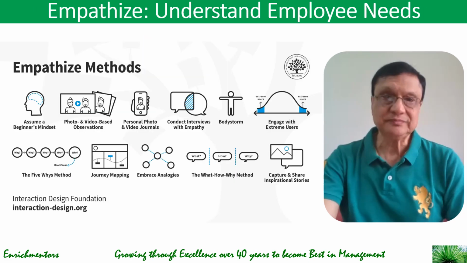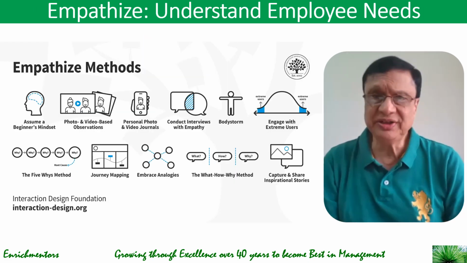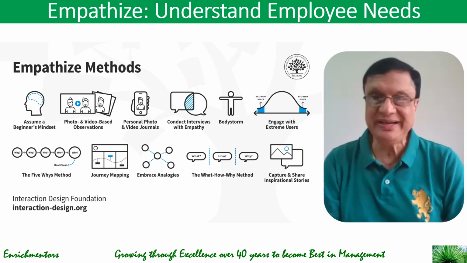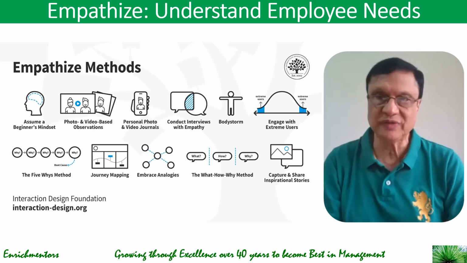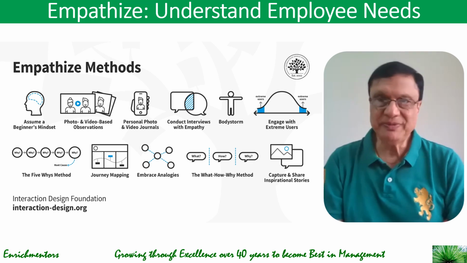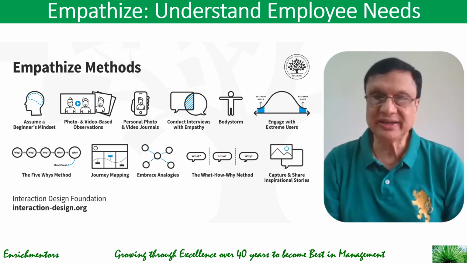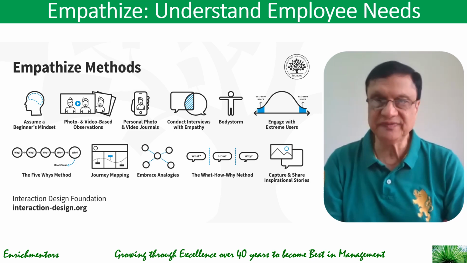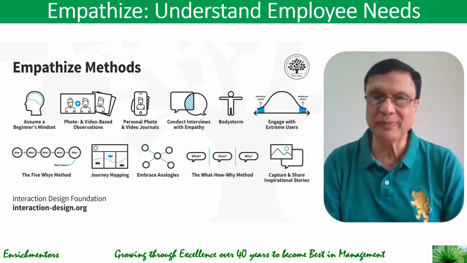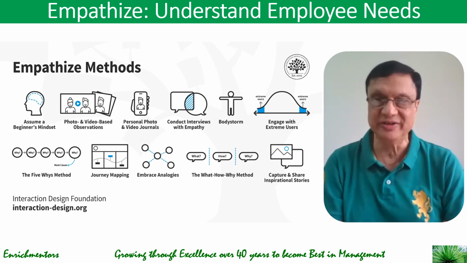Right. So, the first step in design thinking is to deeply understand the needs, challenges, and aspirations of the employee. This step is crucial to ensure that HR initiatives are aligned with what employees actually want and need.